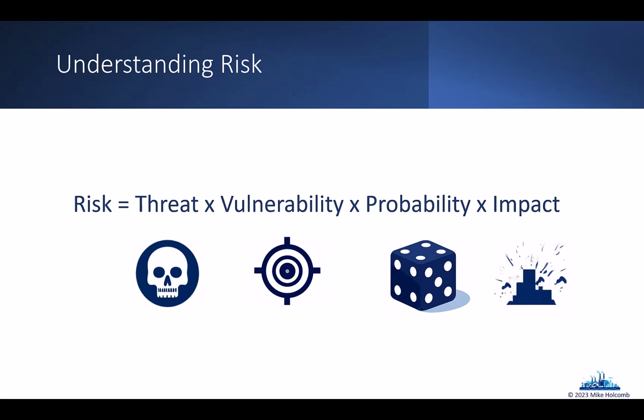Well, what's the chance of that happening? And we want to make that as realistic as possible, which isn't always as easy in OT as it is in IT. And this was very hard in IT 20 years ago because we didn't have a lot of data. Now in IT, we have a lot of data to be able to make these types of metrics come to life.